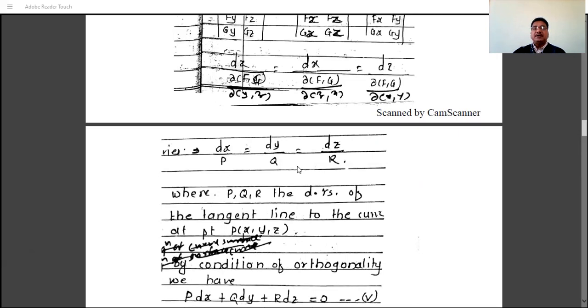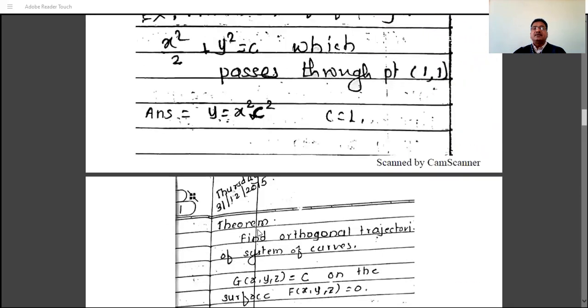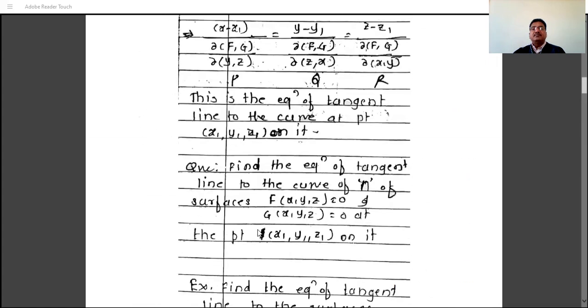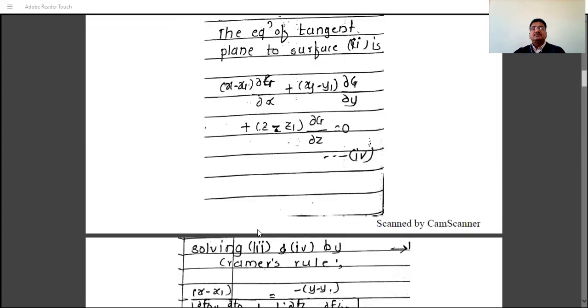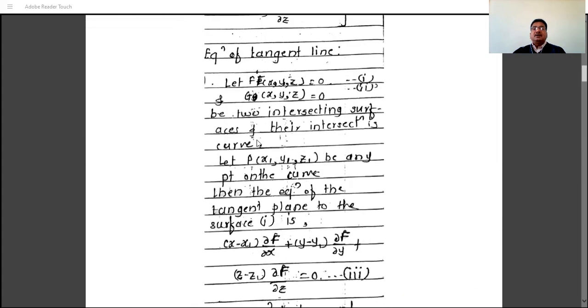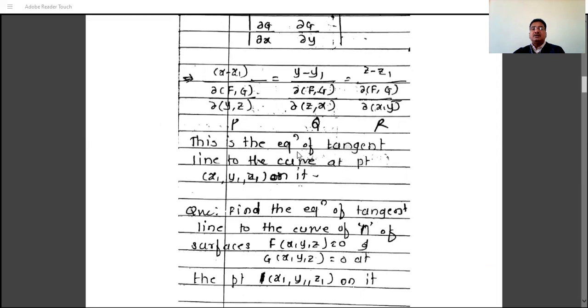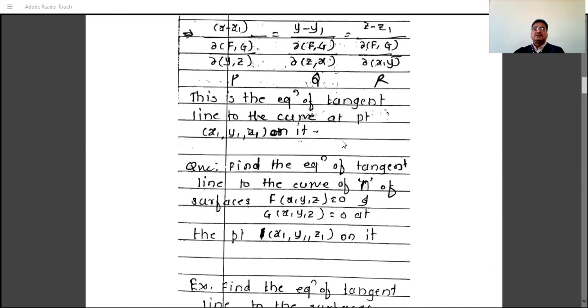And we know that these P, Q, R are the direction ratios of the tangent line to the curve at point P(x,y,z). So if F and G are the given two surfaces, then P, Q, R are the direction ratios of the tangent to the curves.